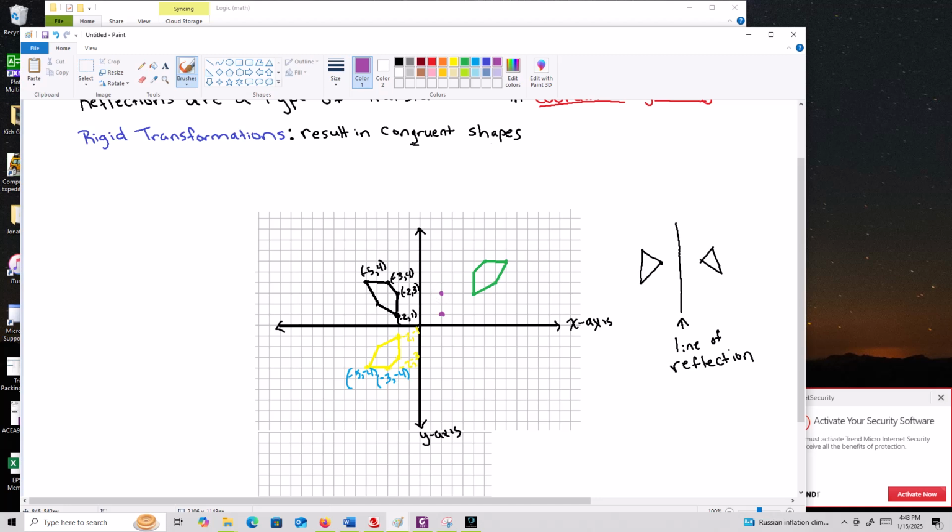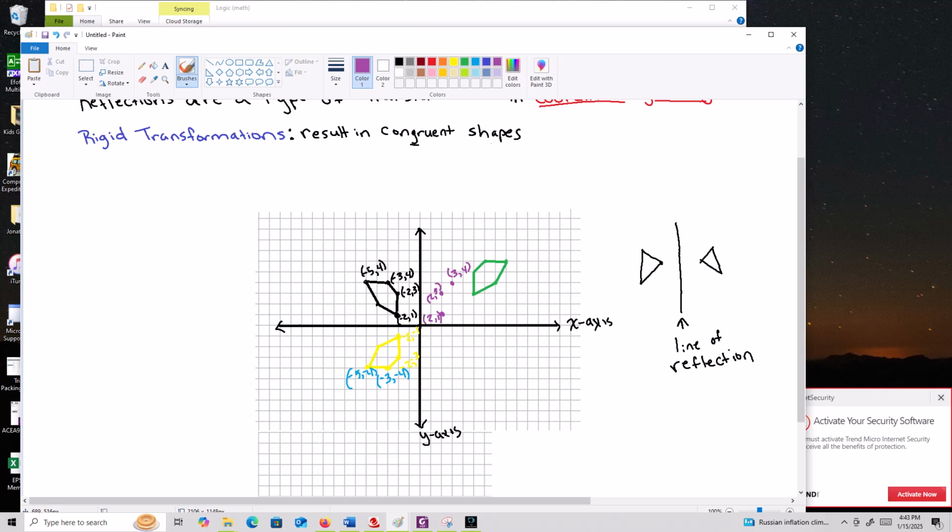Then here, this is -3, 4. We're going to stay at 4, but we're going to go 3 to the right. So this is 3, 4. This point was 2, 3. This point was 2, 1.